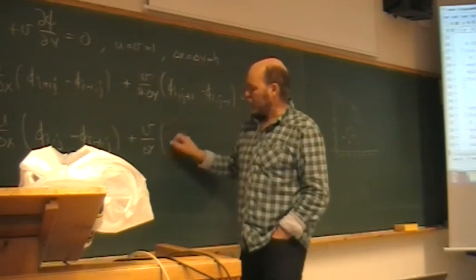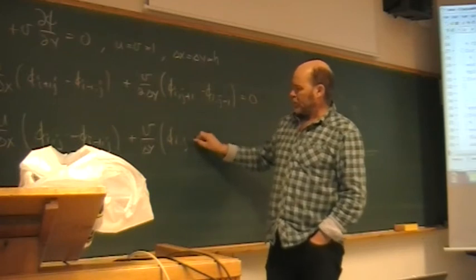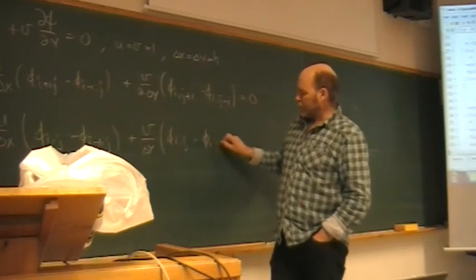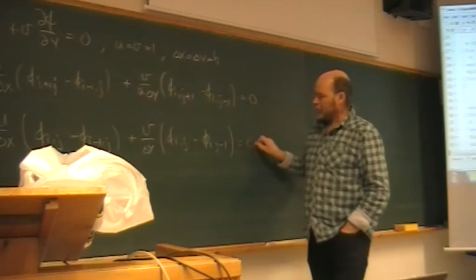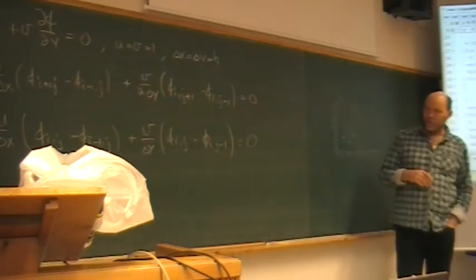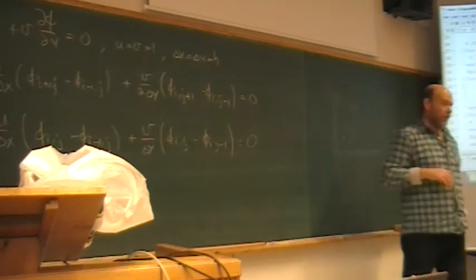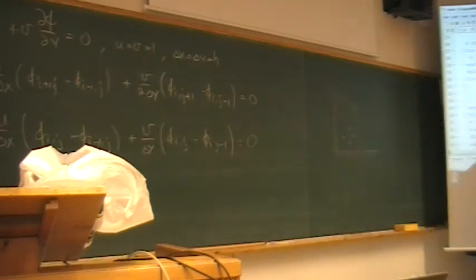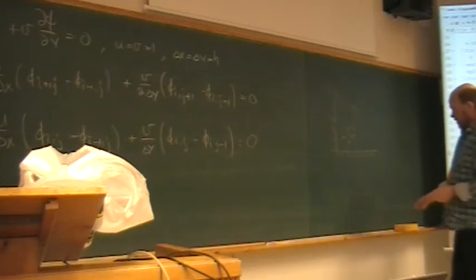Delta y, Vij minus Vij minus 1 equals 0. First order accurate, very easy to program. Write this one on the form Vij equal to, and there you have it. It is also very, very stable.